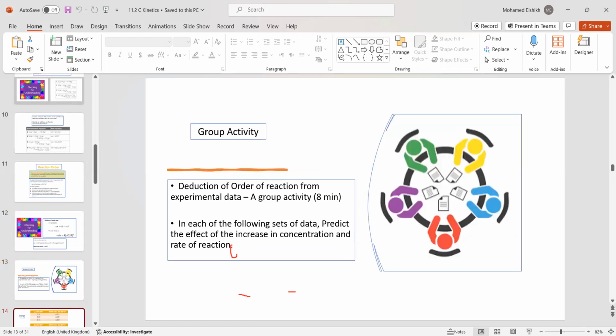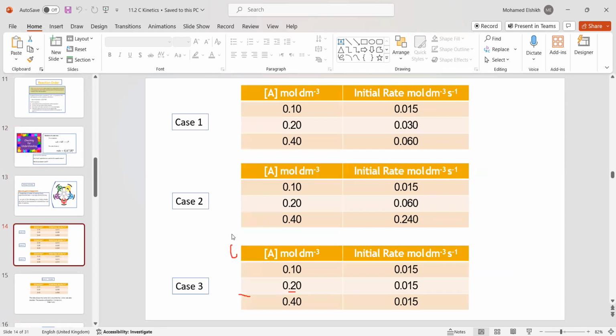Okay, so if I look at this activity here, now we have 3 cases. We have the concentration. As you can see, it is doubling, and we have the initial rate. So when the concentration was 0.1, the initial rate was this number, and then when we doubled it, it was doubled, and when we doubled that, also it was doubled.